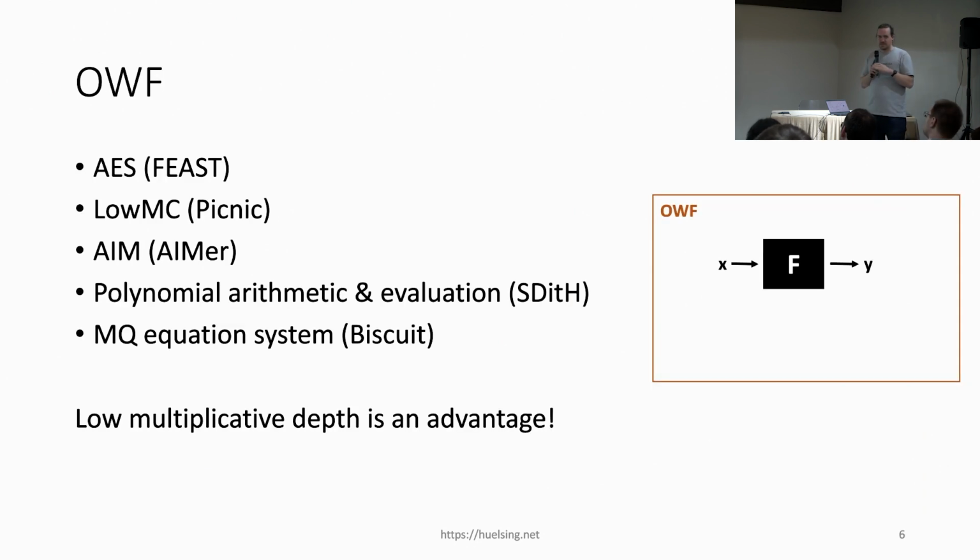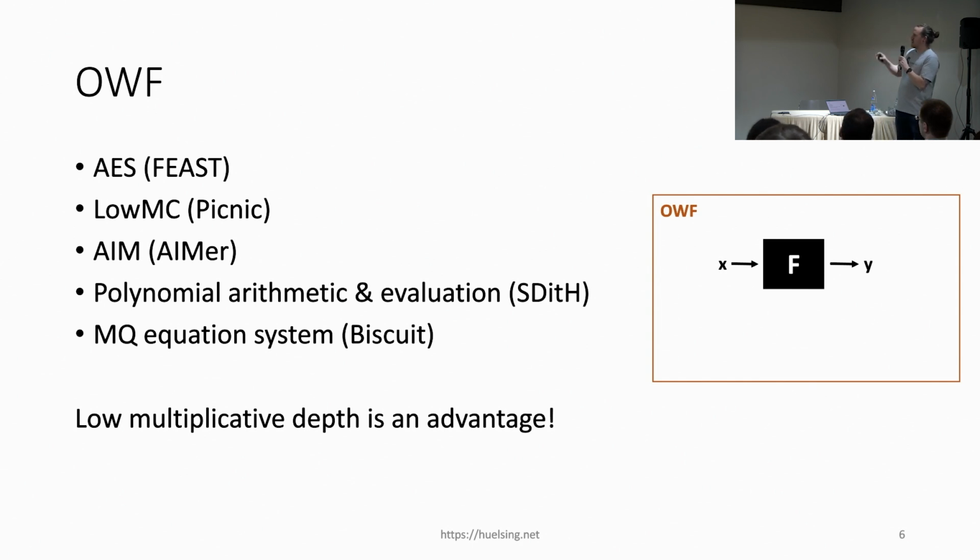So as I said, as one-way function you can do almost anything. We've seen LowMC was a function specifically designed for use in MPC computation, and it was used by Picnic. AIM is another function specifically designed for this use case, and it's used in AIMer. There was a version that tried to do Picnic with AES called Feast.